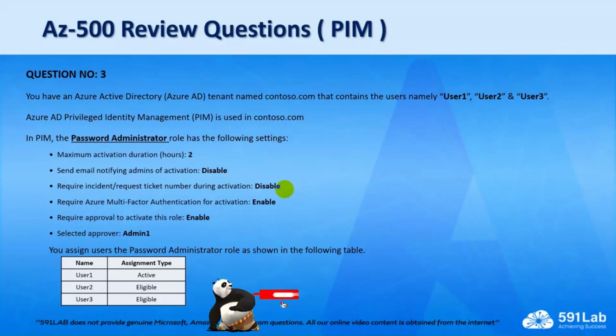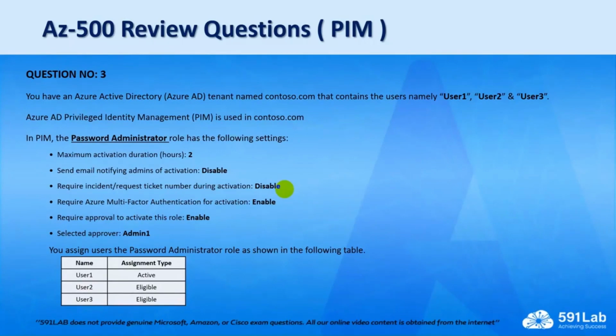It says maximum activation duration hours is equal to 2, which means whenever anybody activates the password administrator role, it can be activated only for 2 hours. Send email notifying admins of activation, which means if anybody activates the role, is there any notification sent as an email? No, it says disable. Fine.